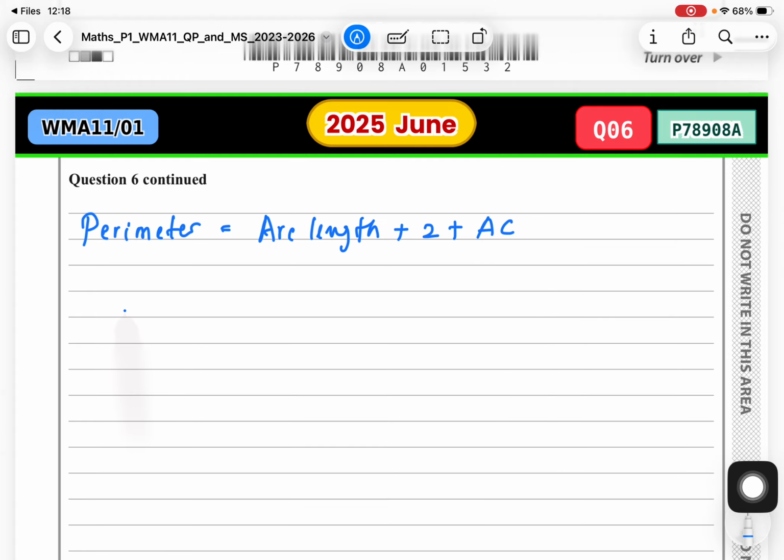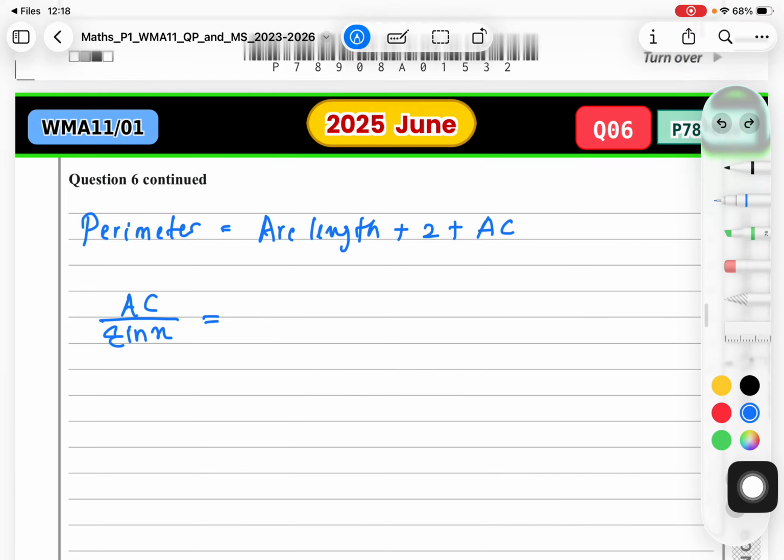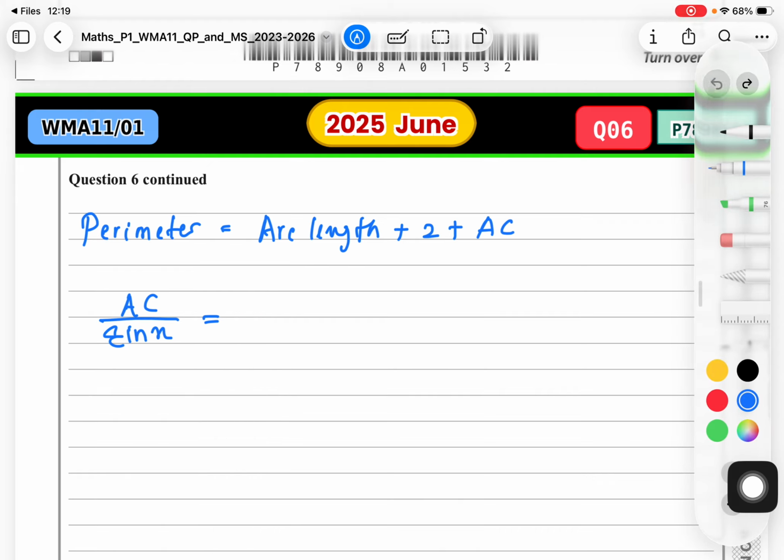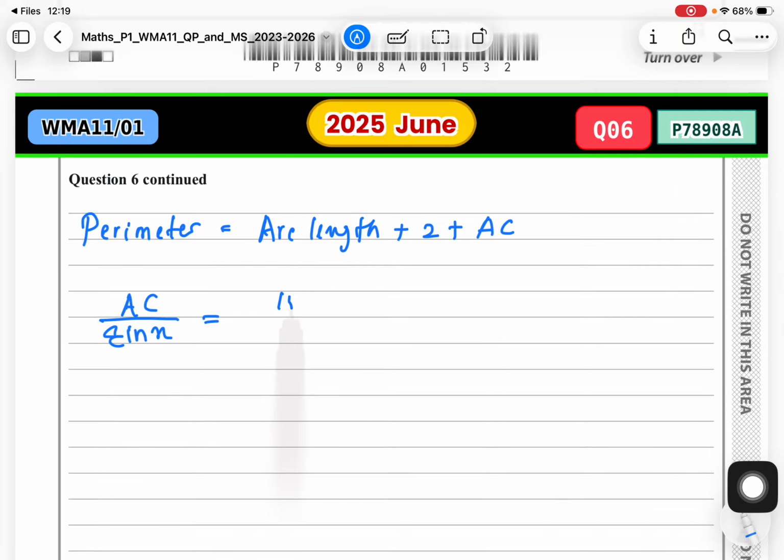So with the sine rule, we can write AC over sine x equals, side in front, which is 15, divided by sine 0.6.